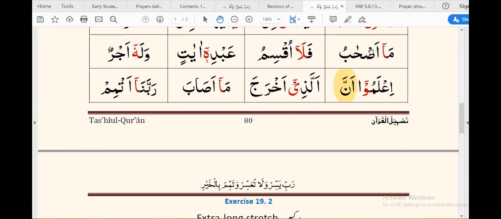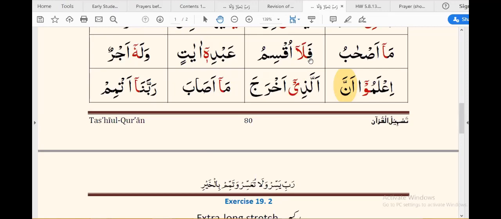Then you join the alif to the sad. Ashabu. Ma ashabu. Well done. Excellent. Really nicely read.